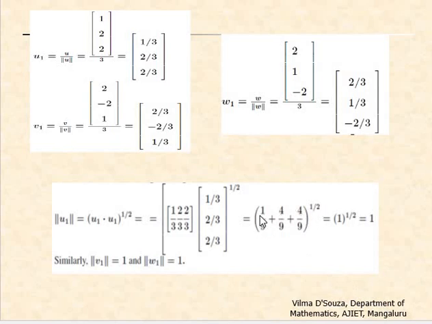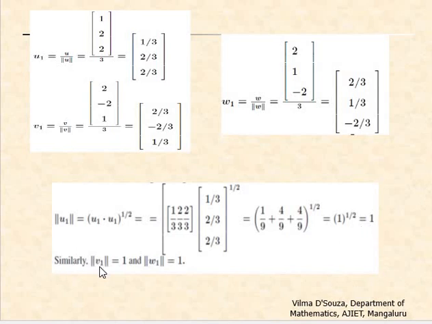That is 1/9 plus 4/9 plus 4/9, raised to the power half. Adding this, 1/9 plus 4/9 plus 4/9 is 9/9, that is 1. And 1 to the power half is again 1.